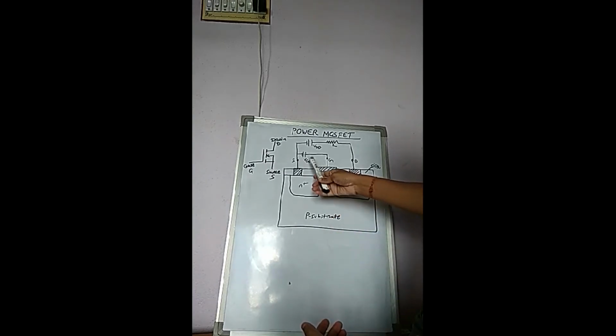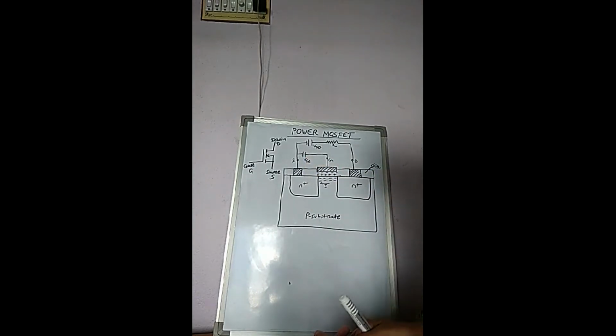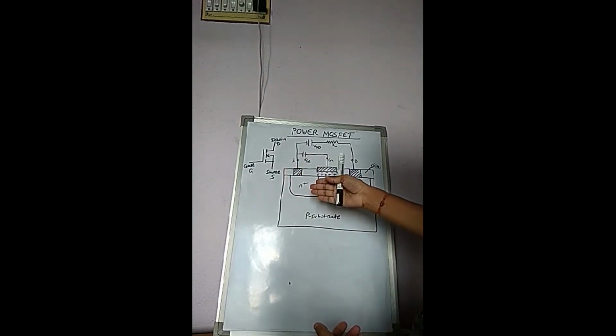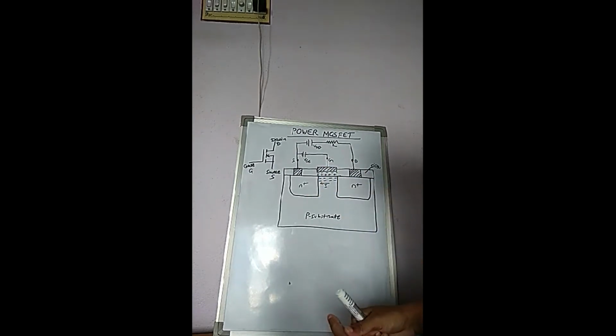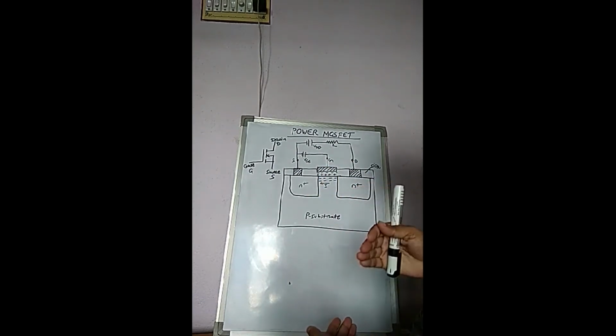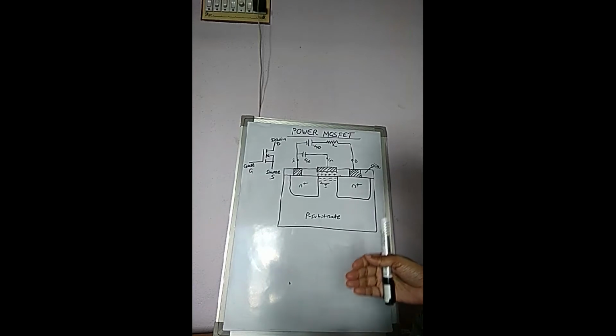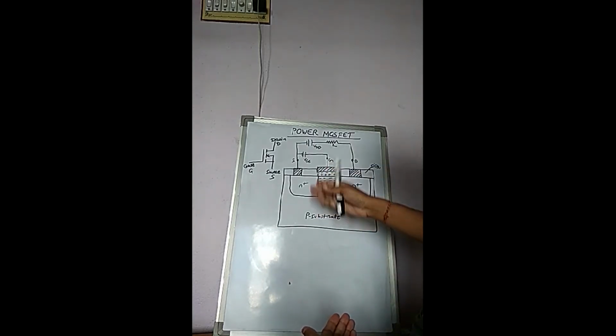When we apply gate source voltage across the gate and source terminals, there is a flow of current, which we can call the gate current. So the base current in BJT is much larger compared to the gate current in MOSFET.